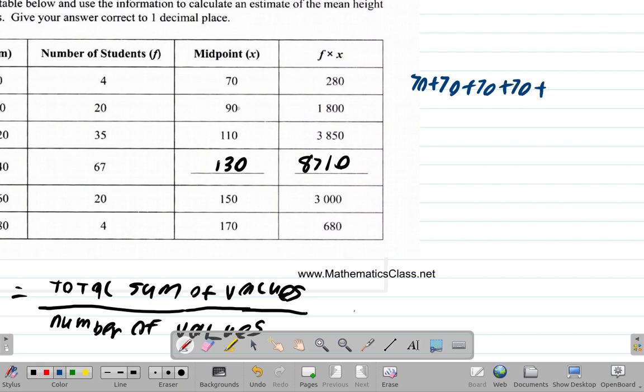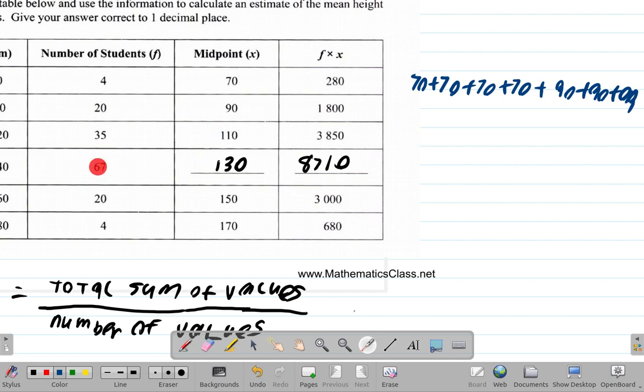Then you would have 20 90s. So you have 90 plus 90 plus 90 plus 90, and go on for 20 of them. Then you'd have 35 of 110 centimeter height.